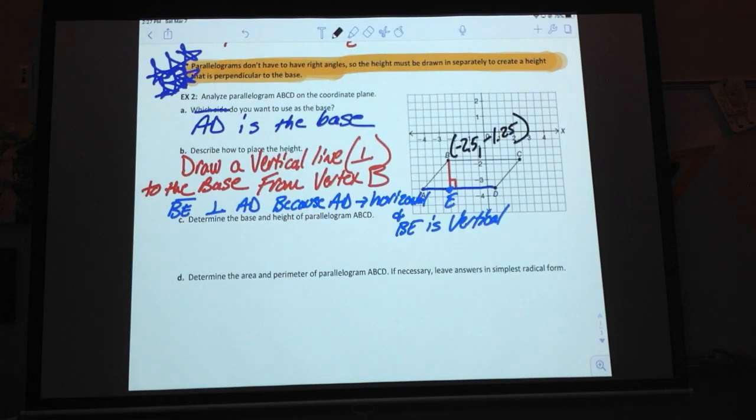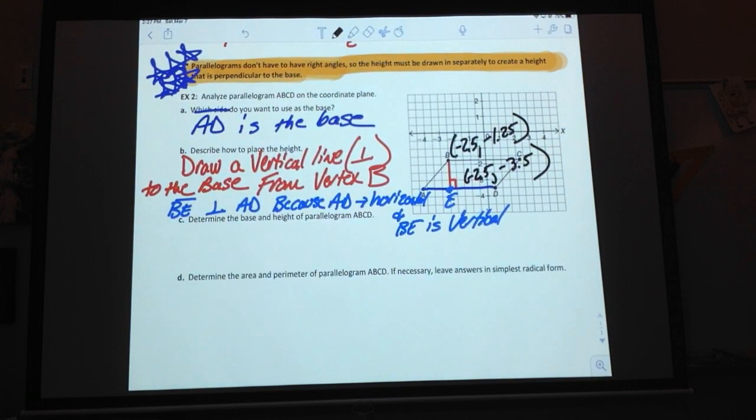And I know that E at this point is at the same negative 2.5, and it is also at negative 3.5, okay? And so, determine the base and height of parallelogram ABCD. So I know those are my points right there, right?